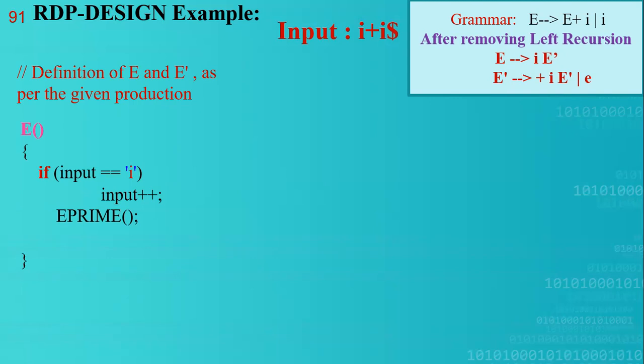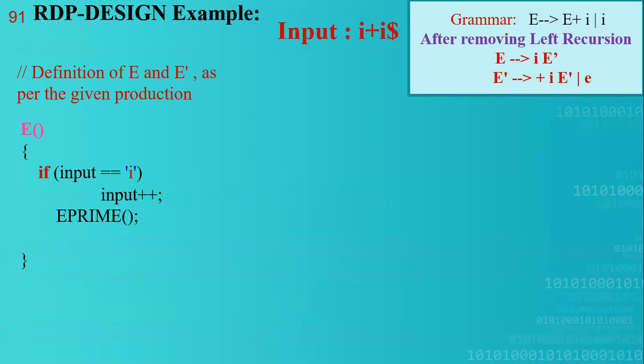Second, if it is a terminal, that is, small letters or identifiers, then we have to compare this terminal with our input string and check whether these two are the same. If they are the same, then we increment the input pointer. Only if a match occurs will we increment this input pointer.